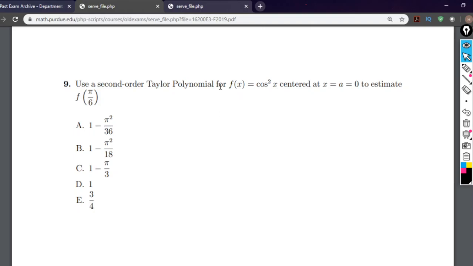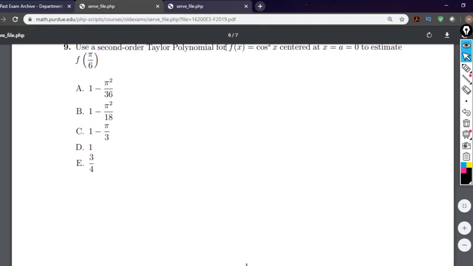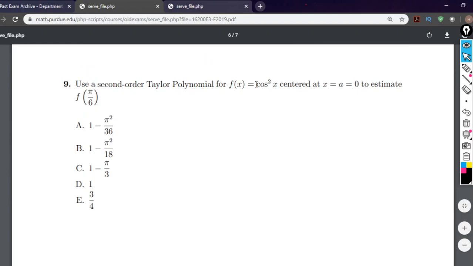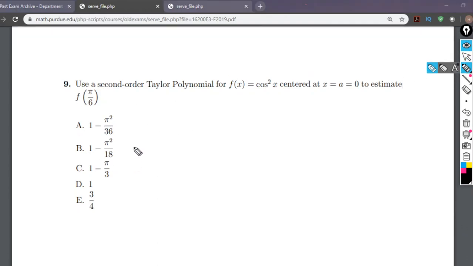This one is asking for a second order Taylor series. I don't think anyone would remember a Taylor series for a cosine squared function, but if you do, congrats. But if you don't, we can figure it out really easily by taking the derivatives of this function.